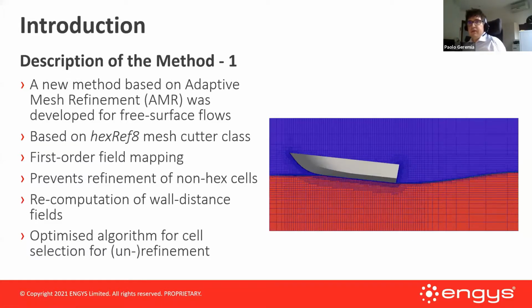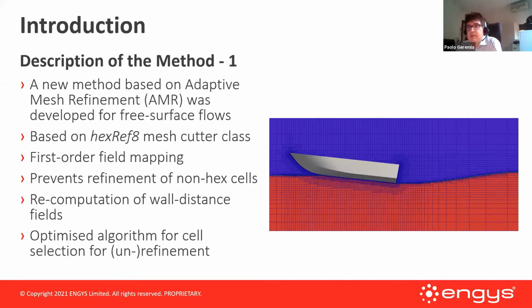So talking about the method, the AMR was developed for free surface flows in general. And we decided to extend it to marine applications for ship hydrodynamics. In terms of the algorithm itself, the method is based on the hexRef8 mesh cutter class.